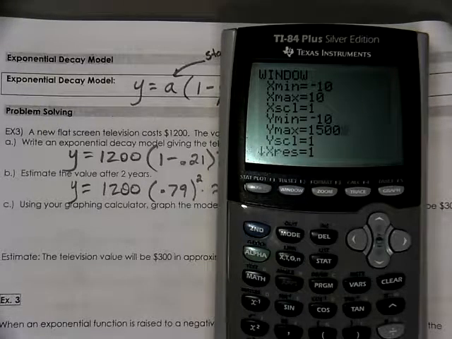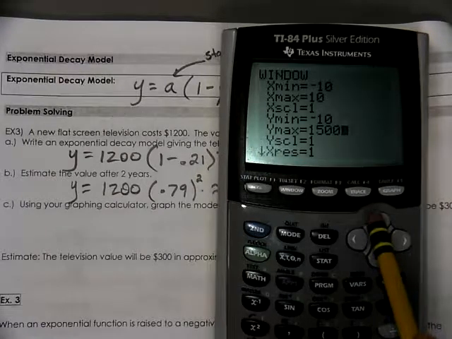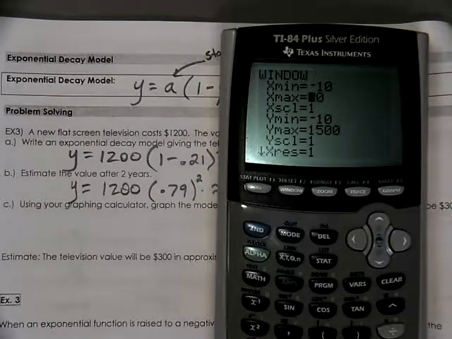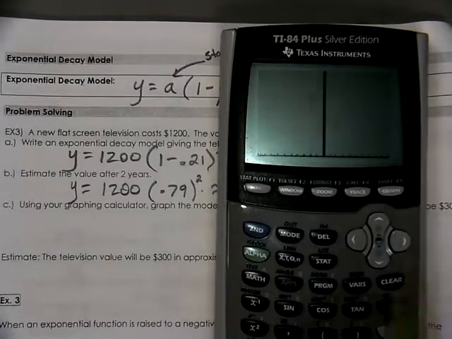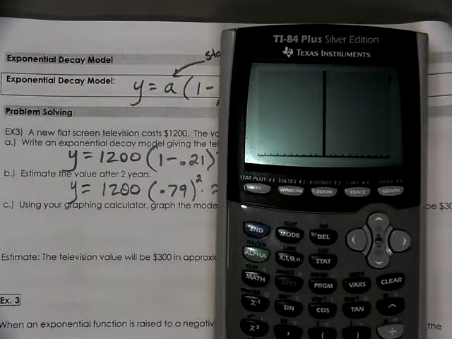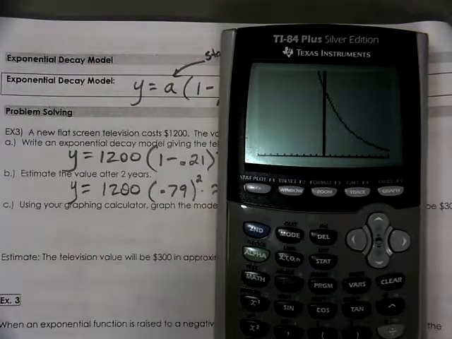I'm going to pick a y value of 1,500. It didn't look like we needed to extend our x's out. We just needed to look higher up in the graph. So let's see what happens this time. There it is. It's exponentially decaying. It's getting worth less every year.